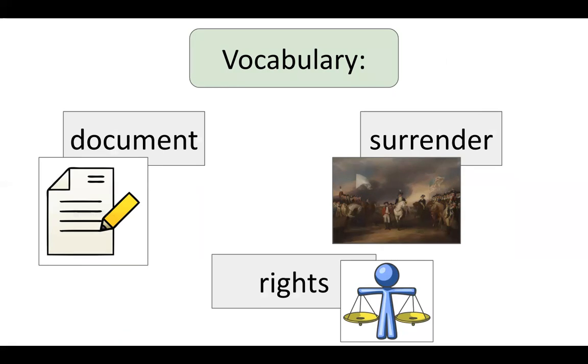Surrender is when you give up or say that you are done fighting, especially in a war. The last word is the word rights. The word rights is used in this article to describe the things that people should have in their life. So rights are the right to food, the right to freedom, the right to choice.